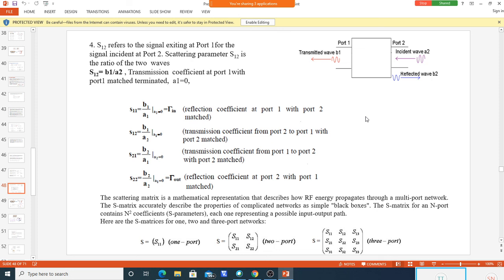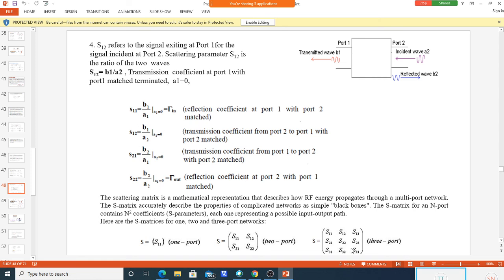If it is not behaving so, then something is wrong in the device. The device may be damaged, or not properly designed, and we can replace it. So S parameters are measured at RF and microwave to test whether the device is working properly or not. That is the definition.